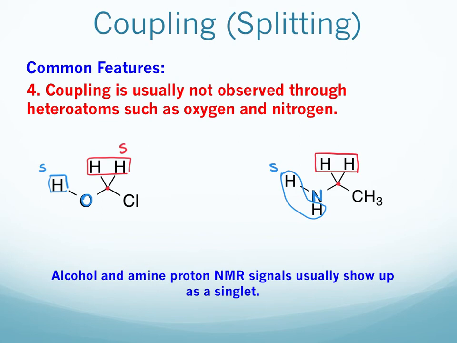The 2 hydrogen I've circled in red, those would be a quartet because they do couple with this neighboring carbon here in green. And then this CH3 group will be coupled with the CH2, so that would be a triplet. In general, if you have alcohol and amine protons in your spectrum, they'll show up as a singlet, and in most cases, they'll be kind of a broadened singlet.